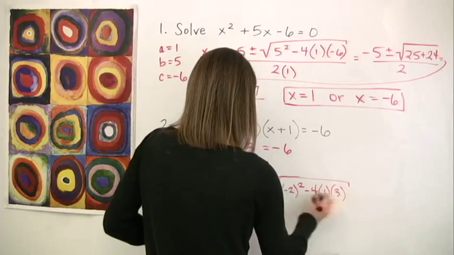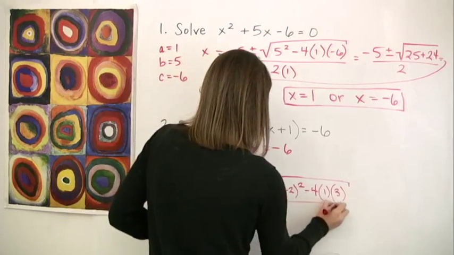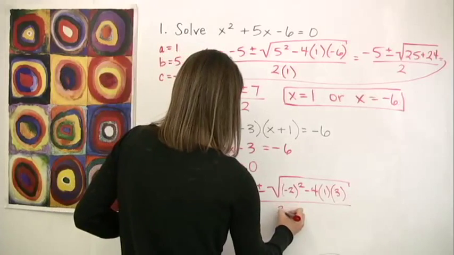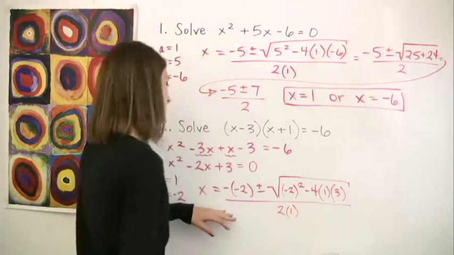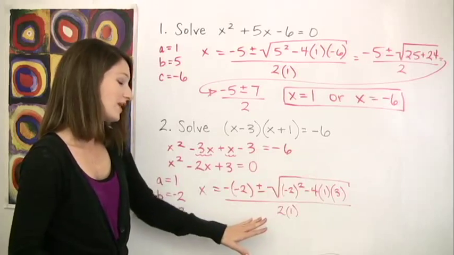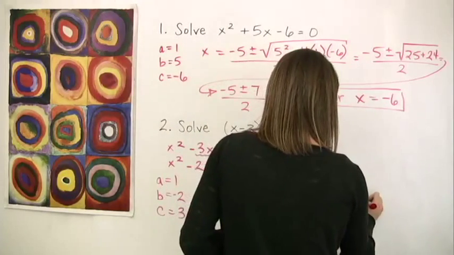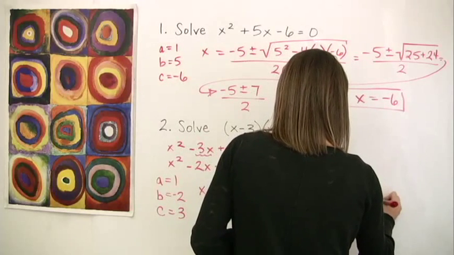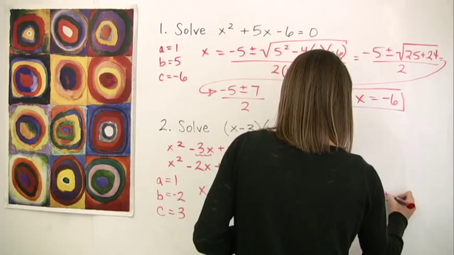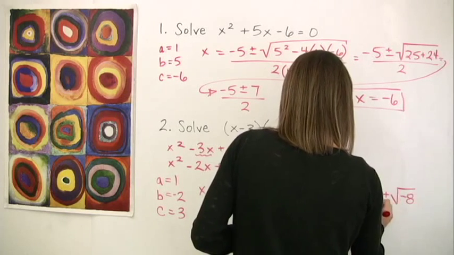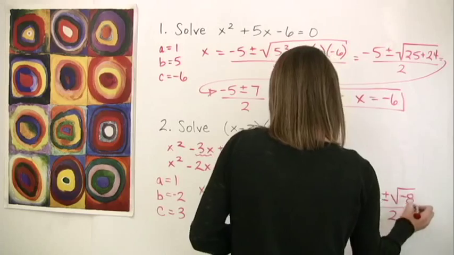That's all under our radical sign. And this expression is over 2a, where a is 1 again, so 2 times 1. Okay, so then we just simplify what we have here, and that simplifies to 2 plus or minus the square root of -8 all over 2.